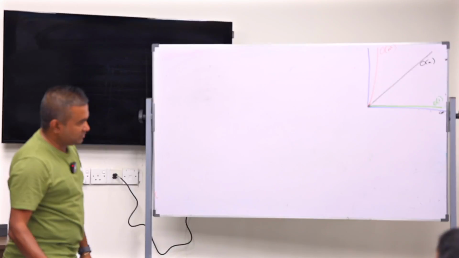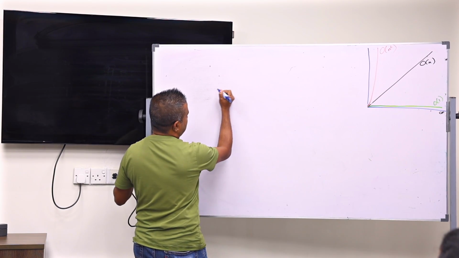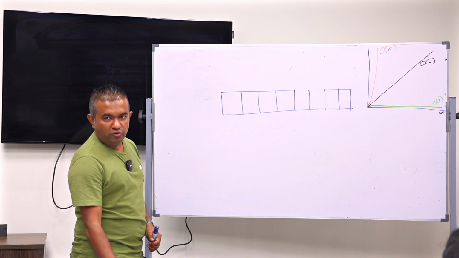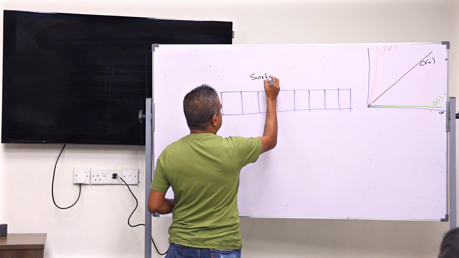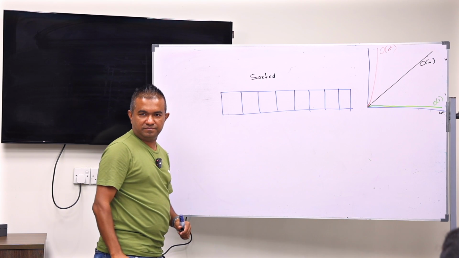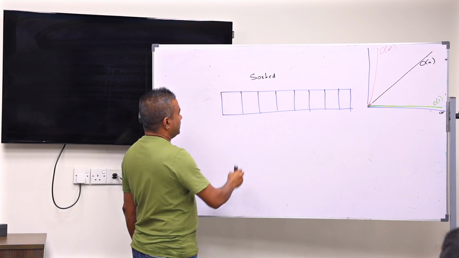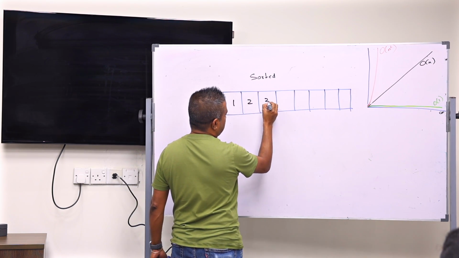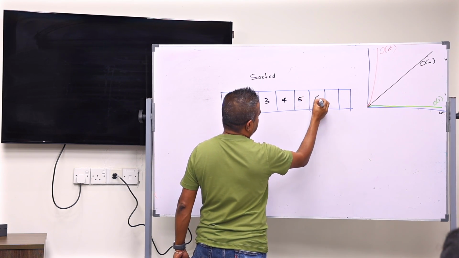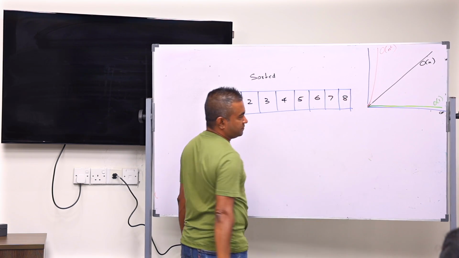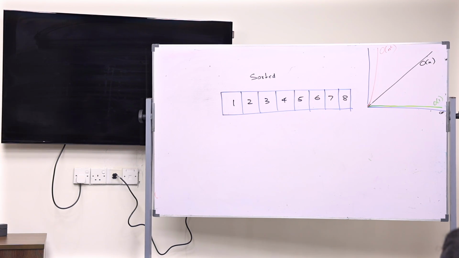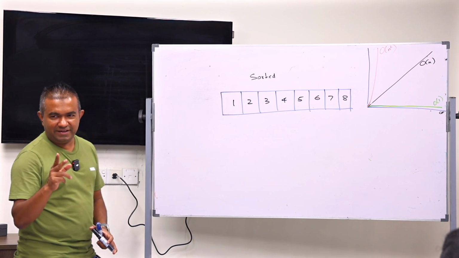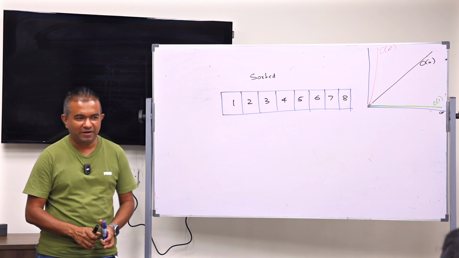So, now let us go to a practical problem. In order for this to work, you need to have a sorted collection. Okay. So, let us say 1, 2, 3, 4, 5, 6, 7, 8. This is what we did yesterday with the left and right.